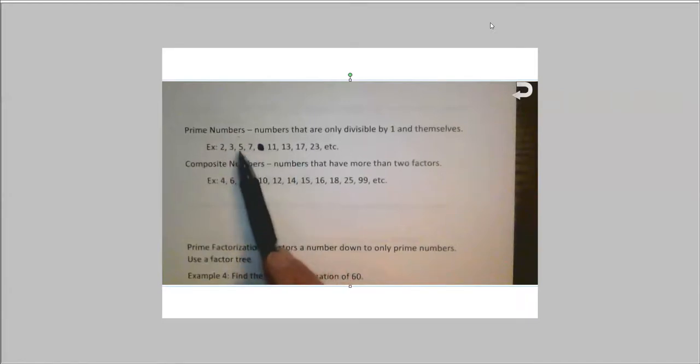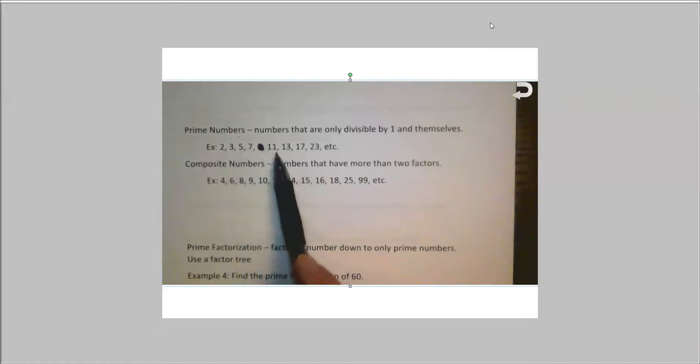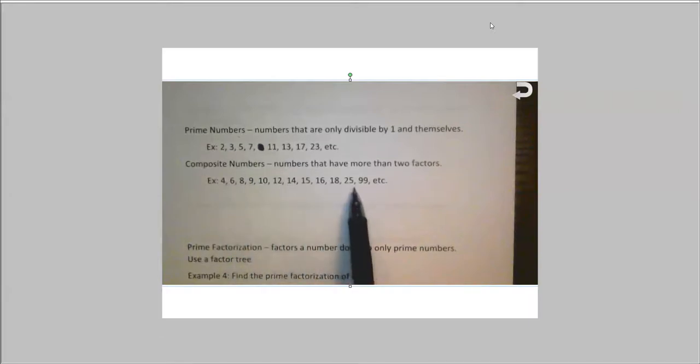But that doesn't mean all of the odd numbers are prime, because 9 is odd, and it's composite because not only is it divisible by 1 and 9, but it's also divisible by 3. Okay, but definitely all of the even numbers besides 2 are composite because 2 will go into any other even number. But notice some of the odd numbers are also composite. So be familiar with those.